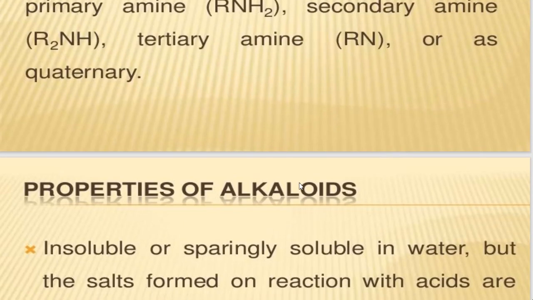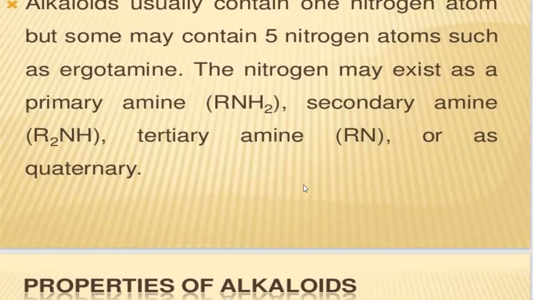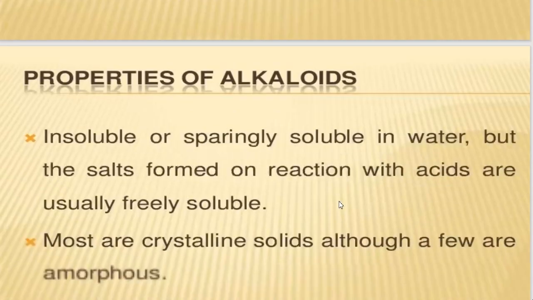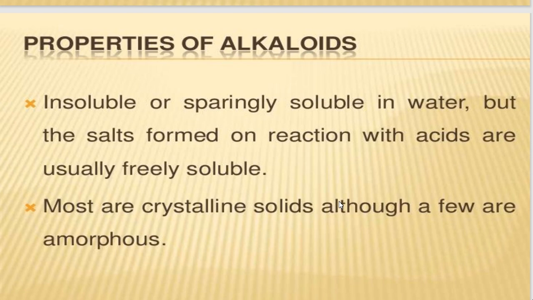Now let's quickly see about the properties of alkaloids. The properties of alkaloids: they are insoluble or sparingly soluble in water. Okay, very insoluble or sparingly soluble. The salts are formed on reaction with acids. Obviously salt is formed by an acid-base reaction, so salts will form when there is a reaction with acid.